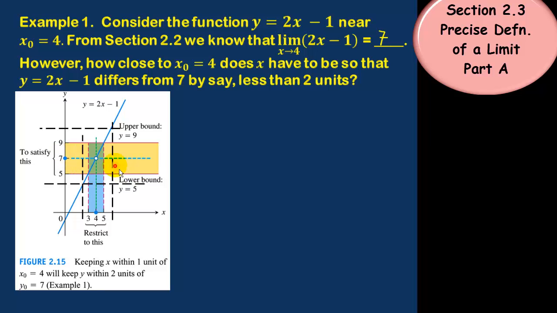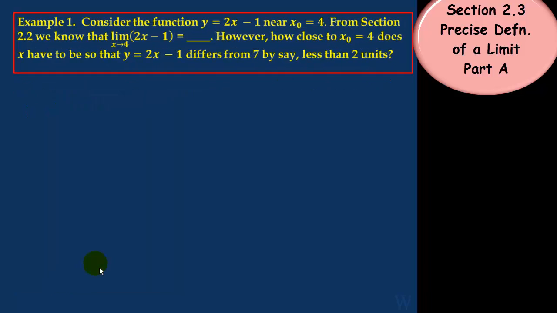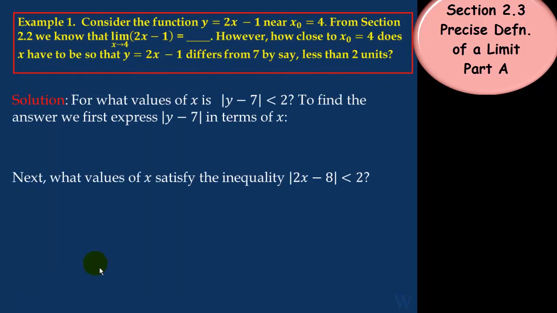Now, how do we do that algebraically to guarantee that if we keep our x's 1 unit away from 4, that will make our y values within 2 units of our limit point? Go back to the example. In order to find our solution, we want to find out for what values of x the absolute value of f(x) minus L is less than 2.